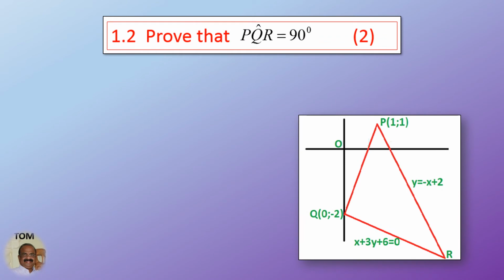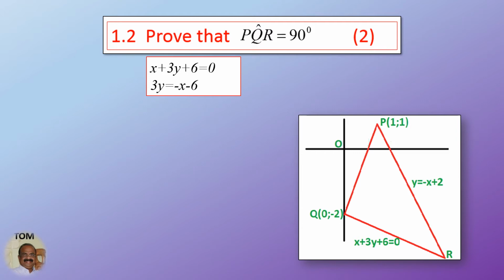(1.2) Prove that angle PQR is equal to 90 degrees. We have the equation of QR, that is x plus 3y plus 6 equal to 0.